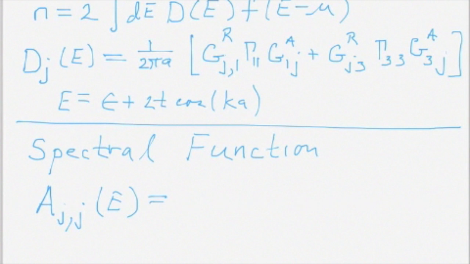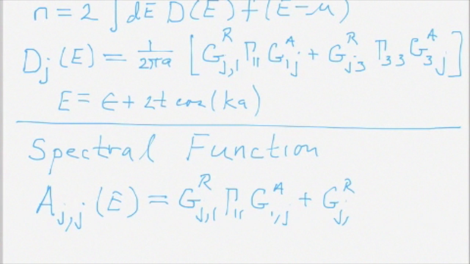And that is, in what we've done so far, in this coherent picture, simply these two terms, your G^R gamma G^A: G^R_J1 gamma_11 G^A_1J plus G^R_J3 gamma_33 G^A_3J.